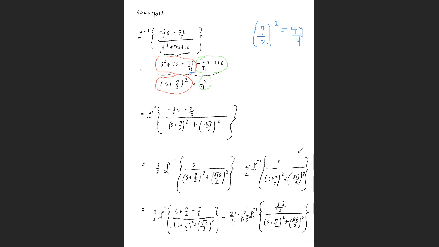So I can write the denominator as the sum of two squared terms. And you know based on your Laplace transforms that some of those Laplace transforms have a denominator with the sum of two squared terms. Okay, so that gets us up to here.